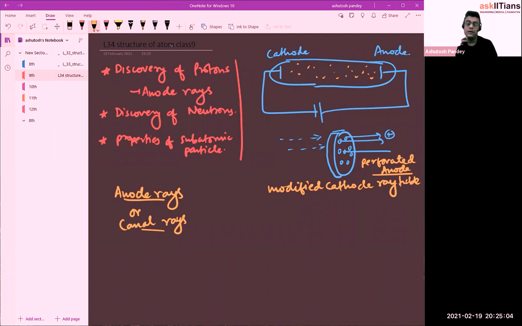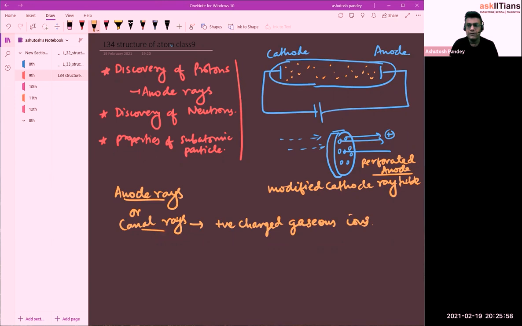In the cathode ray experiment, the mass of the particle of the cathode ray was independent of the gas we filled in the tube, while in anode rays the mass of the particles coming out of the anode depends on the nature of the gas present in the tube. They comprise positively charged gaseous ions.